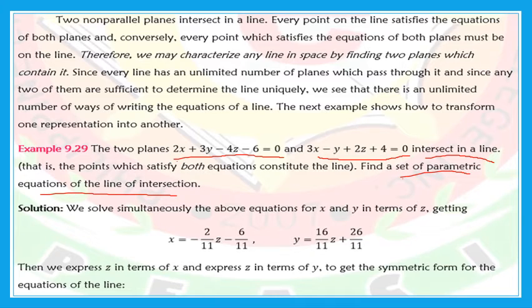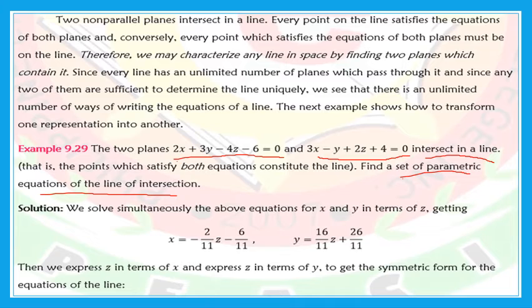So, hanapin natin dito is set of parametric equations. So, we solve simultaneously the above equations for x and y in terms of z. Okay, so solve natin yung equation natin simultaneously in terms of x, for x and y in terms of z.